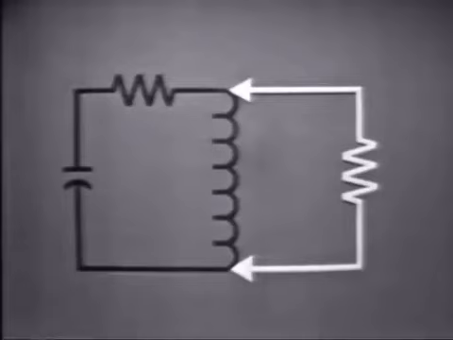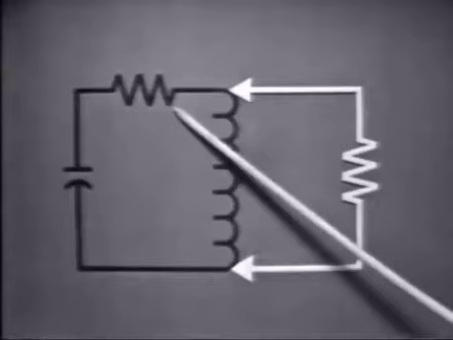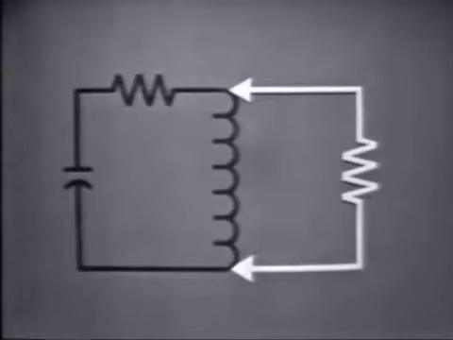factor should be considered, and that is loading the oscillator circuit. We can see this effect clearly by looking again at our basic circuit. We've already pointed out that the feedback overcomes the loss caused by the internal resistance of the circuit, which is small when a high Q tank is used.